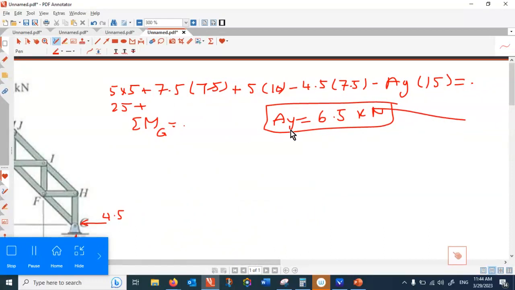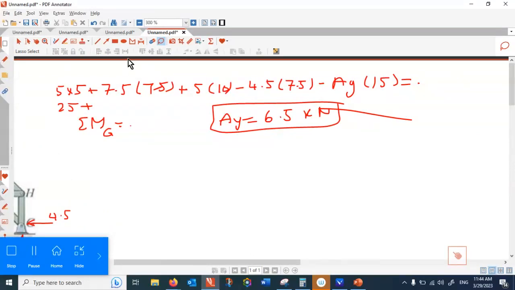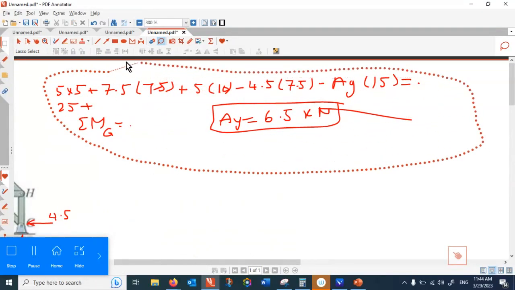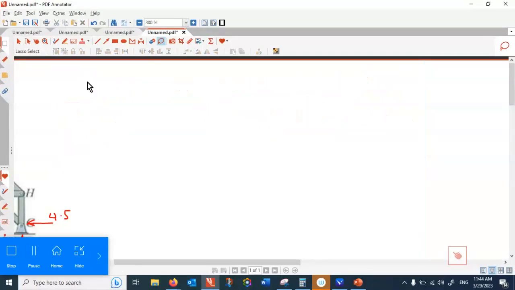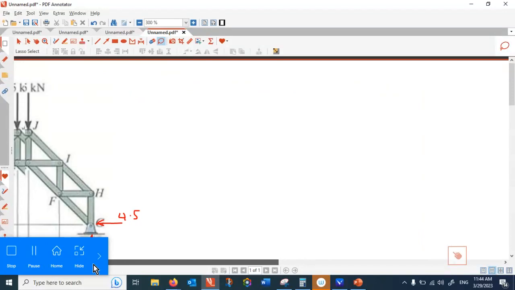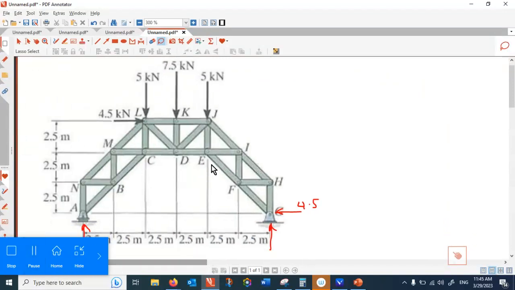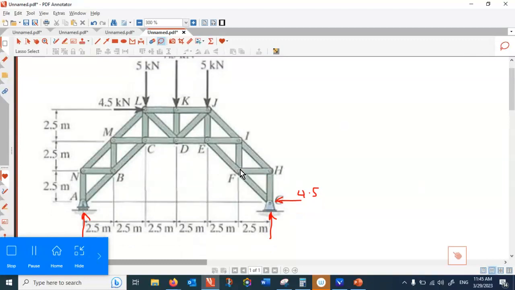Okay, let me remove that. If you have already taken note from this, that was the calculation of the reaction. Just making more space. All right, now we just make a section from here.